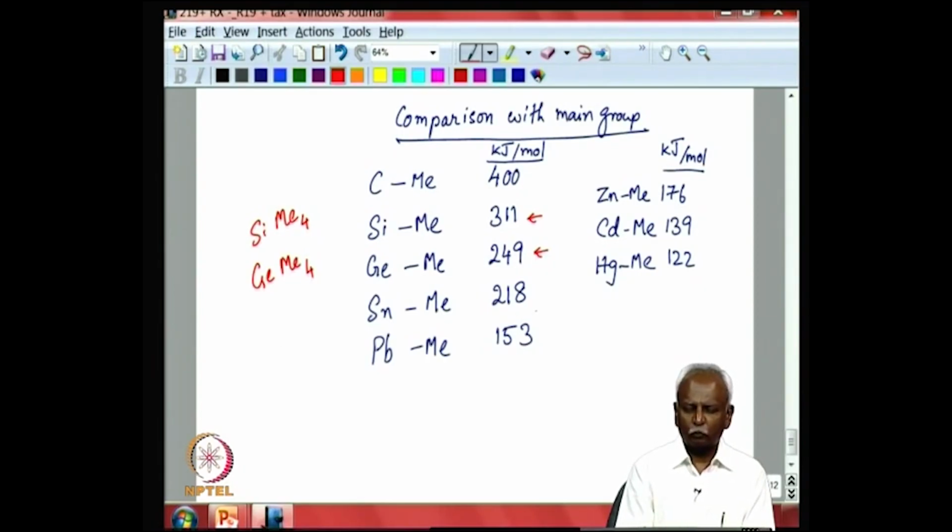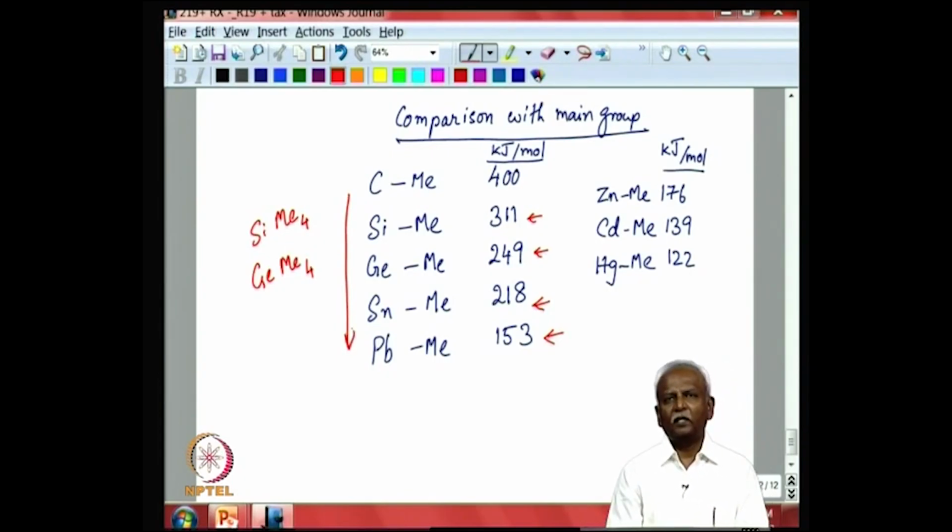Similarly, tin goes down to 218, and lead forms the weakest bond, which is 153 kilojoules per mole. So, in general, the bond strength decreases as you go down the group.